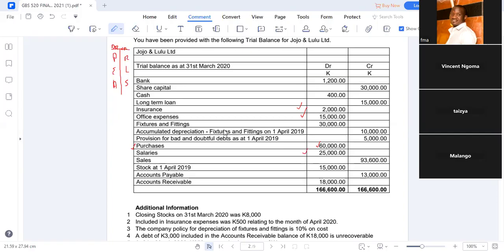What other expenses are you seeing? Included in the expenses was insurance of 500, which was relating to the month of April. So meaning this was a prepayment.